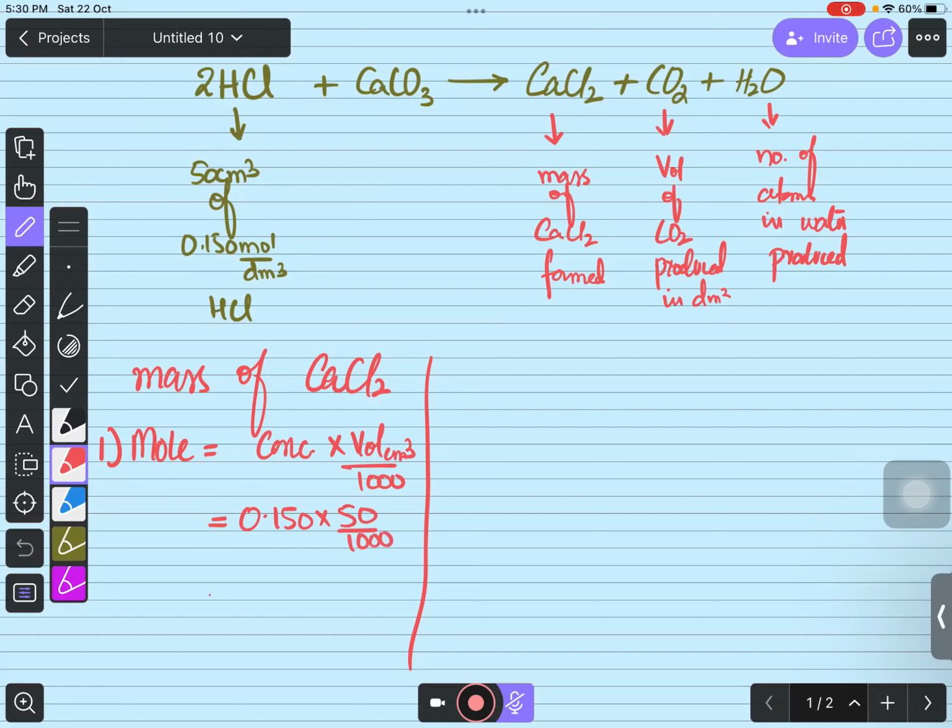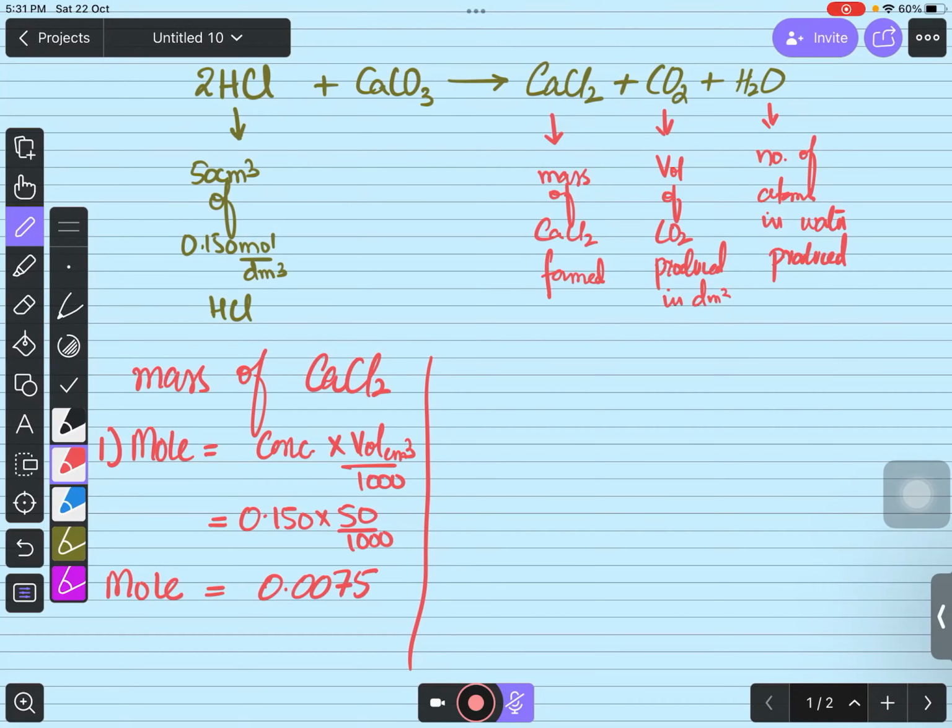What is the number of moles, बच्चों? Just find out the number of moles. These are 0.0075. यही बने?